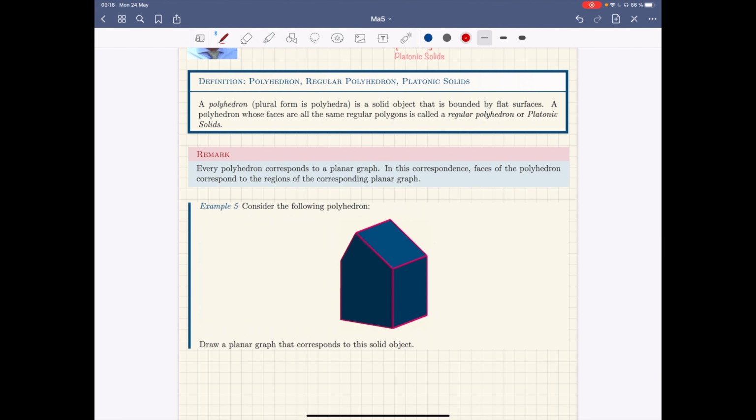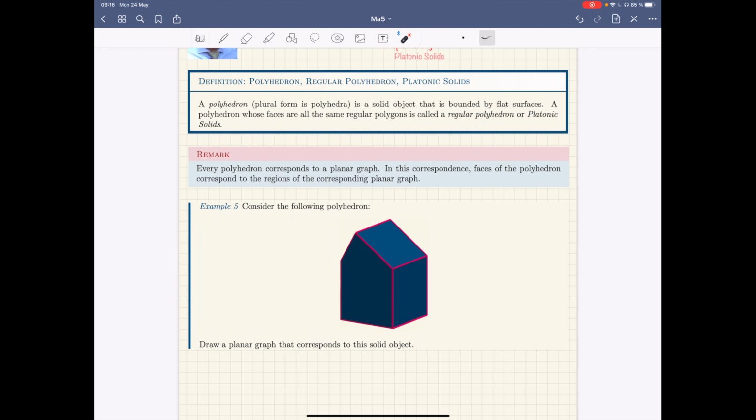And now we reach this very famous and ancient problem, actually. So there are some definitions I want to present for you here, and that is the notion of polyhedron, regular polyhedron and Platonic solids.